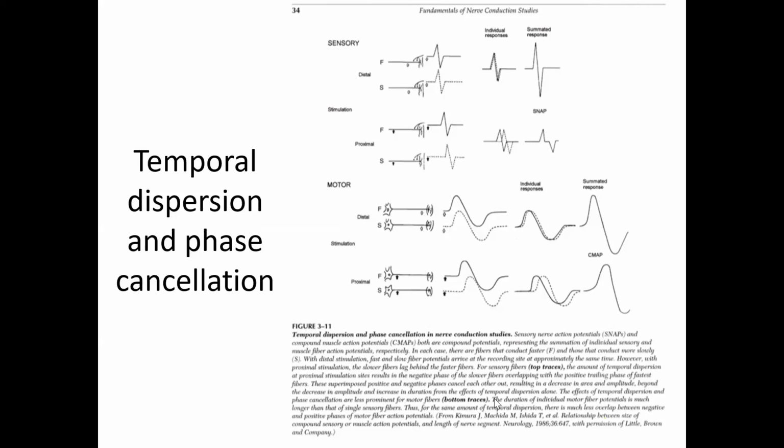So the amplitude decreases, the area increases, and the duration also increases. This happens normally in the sensory fibers, but doesn't happen that much in the motor fibers. Why? Motor fibers are the fastest and largest fibers, so all of them act simultaneously, and phase cancellation doesn't happen that much in motor fibers.